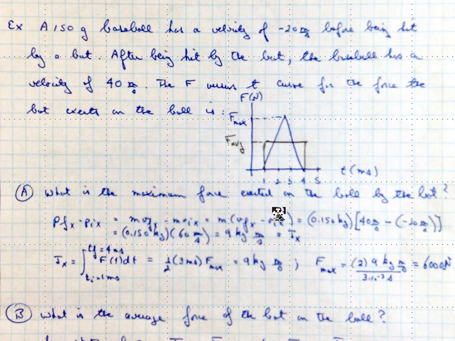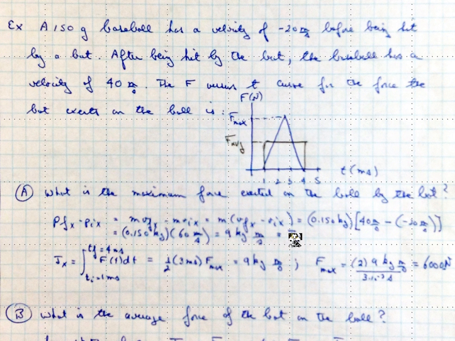So first of all, we compute the change in momentum, which is the final momentum minus the initial momentum. That's going to be 0.150 kilograms times the final velocity, 40 meters per second, minus the initial velocity, minus 20 meters per second, and that comes out to be 9 kilogram meters per second.